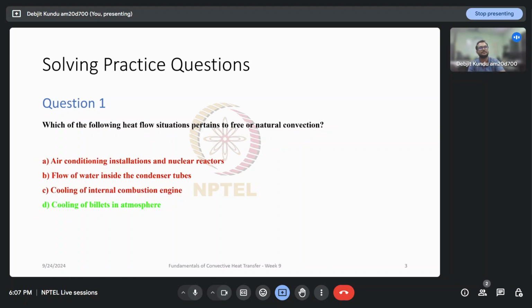It's actually option D, cooling of billets in the atmosphere, because all the other options, the commonality there is that in all of them, forced convection plays a bigger role. Let's take each example.